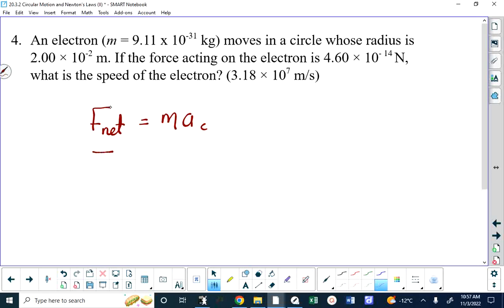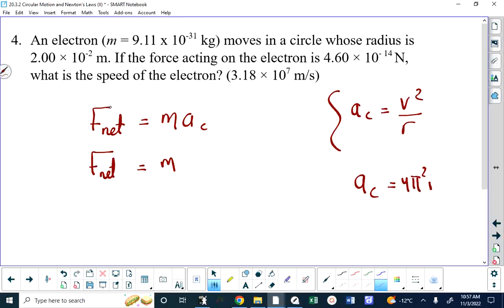But since that acceleration is centripetal, we're going to replace that a with what centripetal acceleration is equal to. So, centripetal acceleration is equal to either v squared over r or this beast, right? So we have an option.